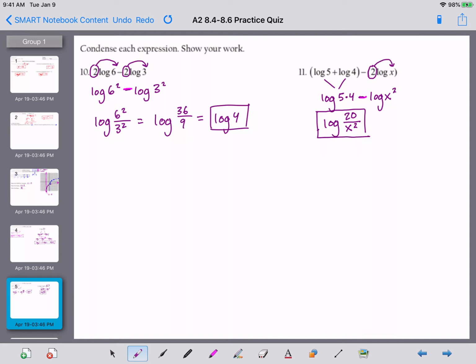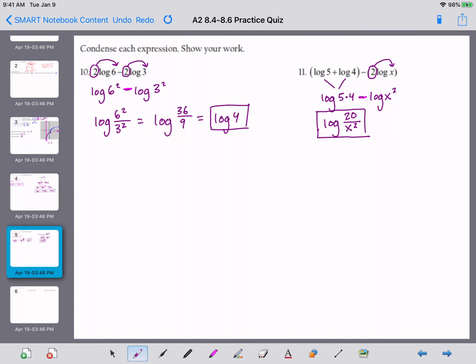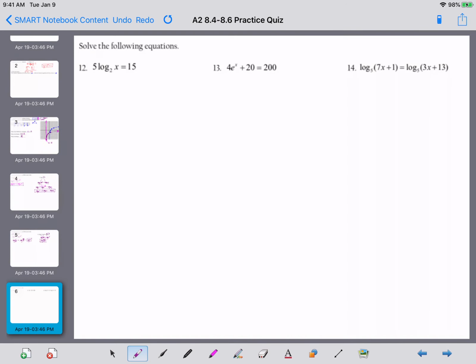Okay, and then our last set of problems are where we're going to solve the following equations. So if you just have a log on one side of the equation, which is the case in number 12, always a good rule of thumb is if you're stuck, try changing the form.